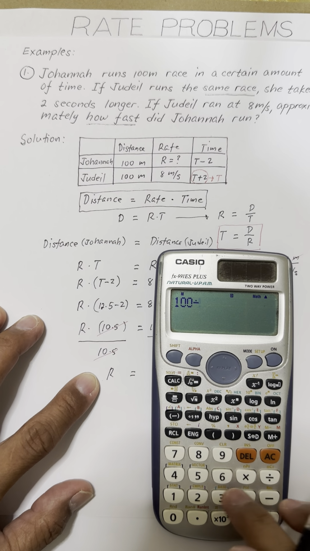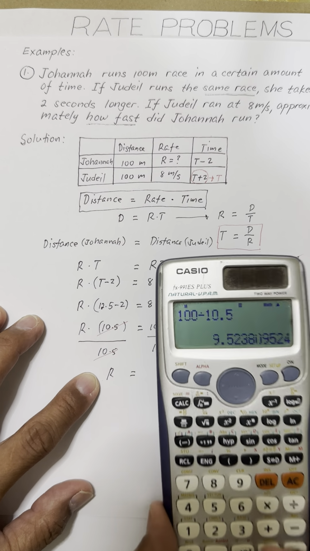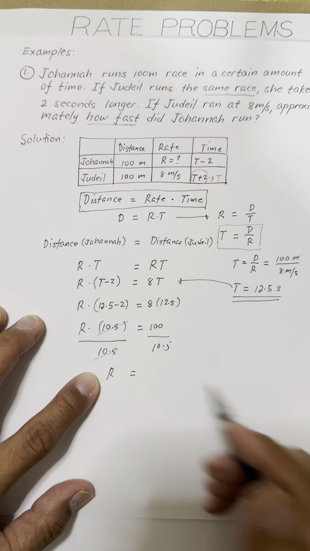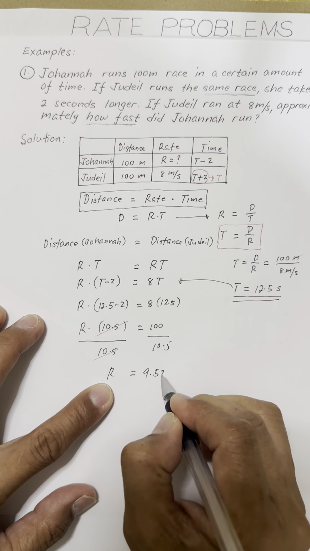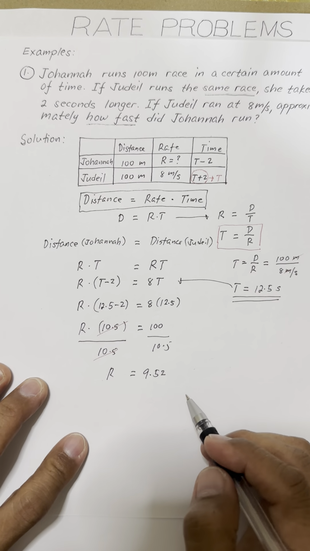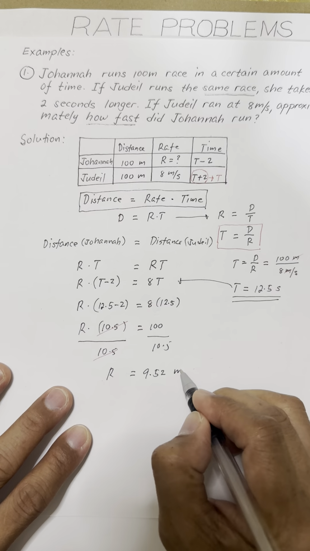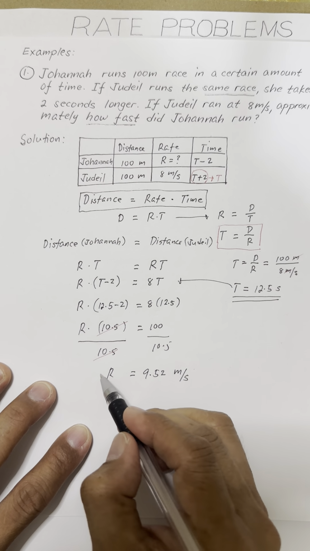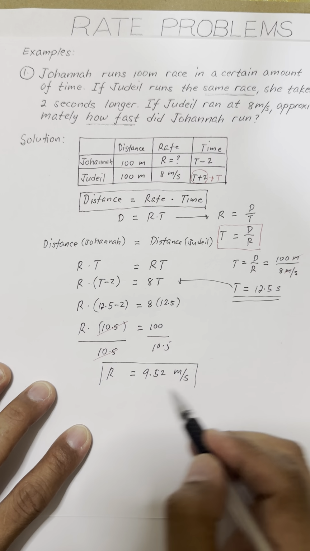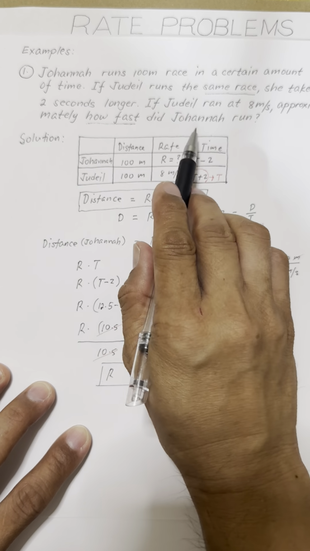We get 9.5238, or simply 9.52. So what's the unit? The unit is rate, meaning the unit is meters per second.